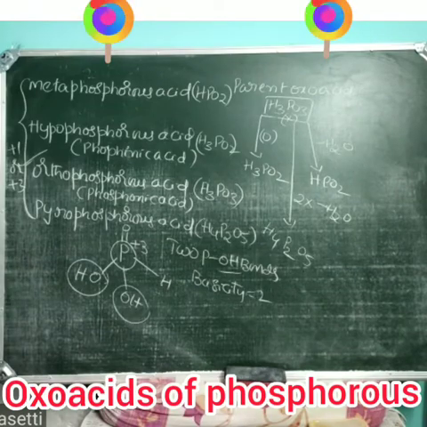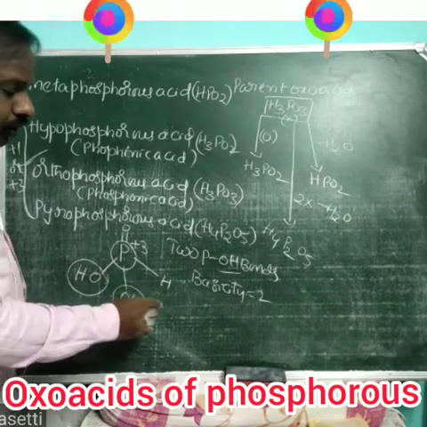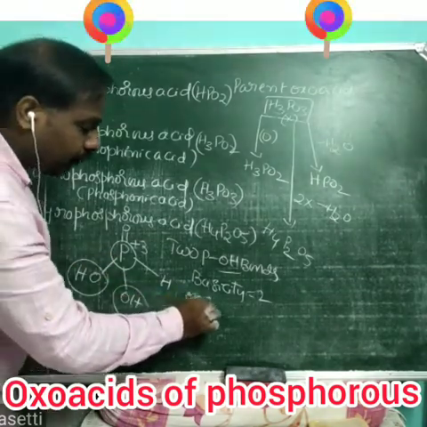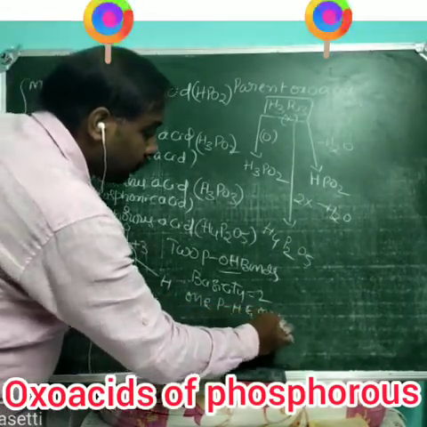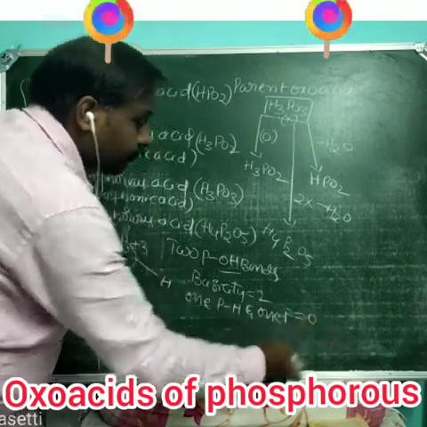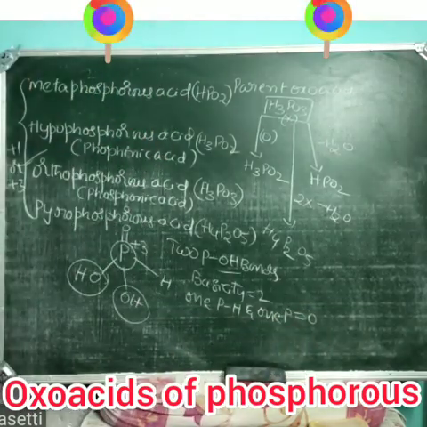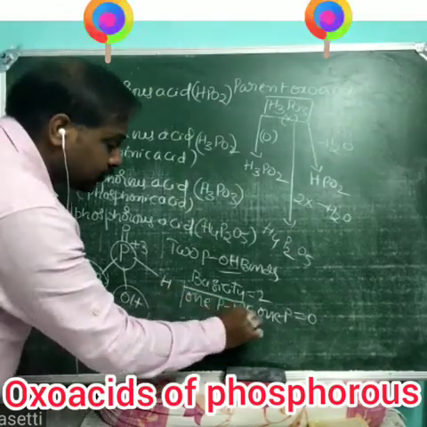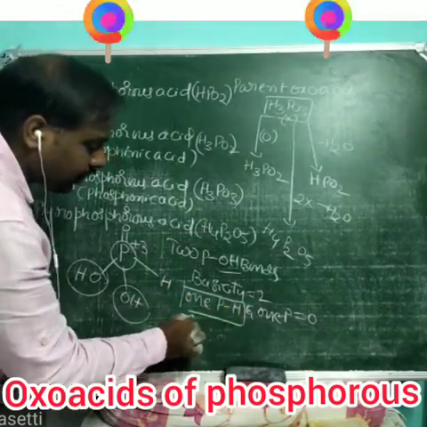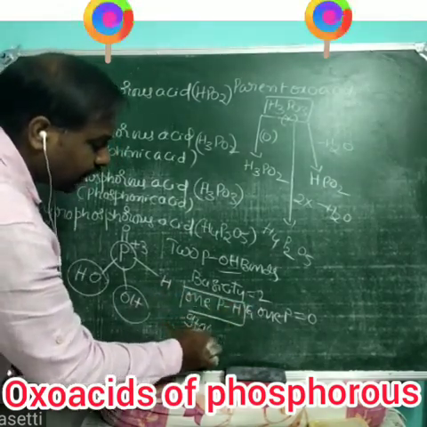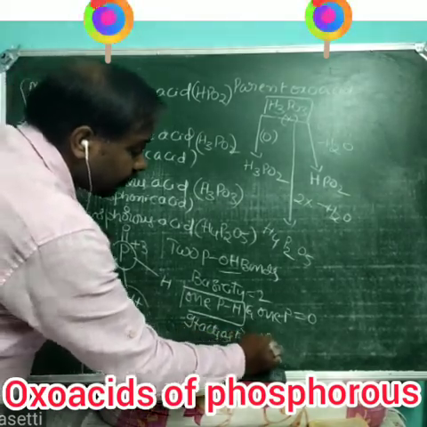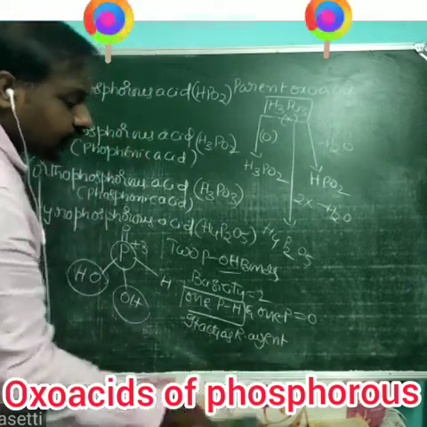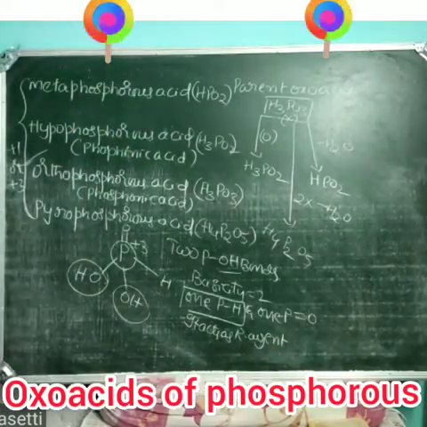Next, it contains 1 PH bond. So it contains 1 PH and 1 P double bond O. Whenever it contains a PH bond, it acts as a reducing agent.